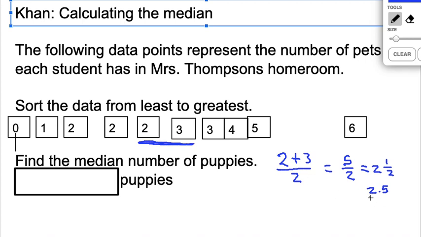Again, it's not actually even a number that's in our set of data. So the median's not always a number in your set of data if you have an even set of numbers. So that's one thing you need to be aware of. If you have an odd set of numbers, it will always be one of the numbers in your set. But if you have an even one, it will be the mean or the average between the two middle numbers.